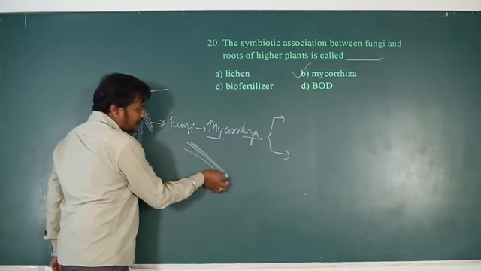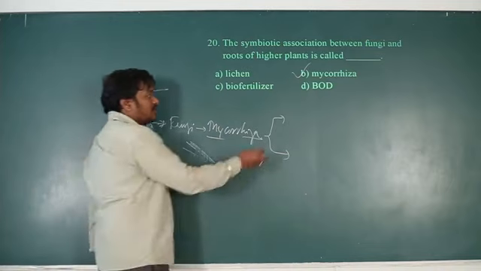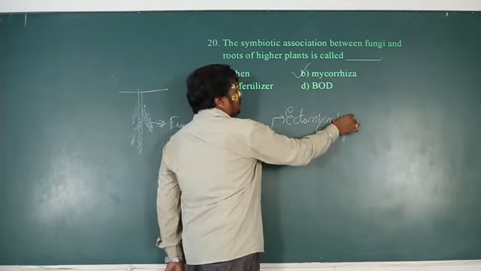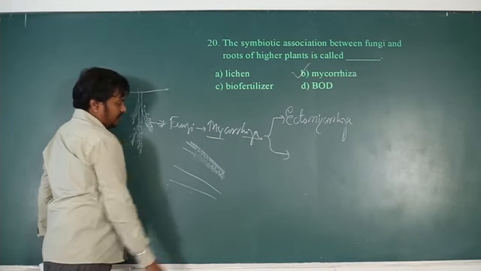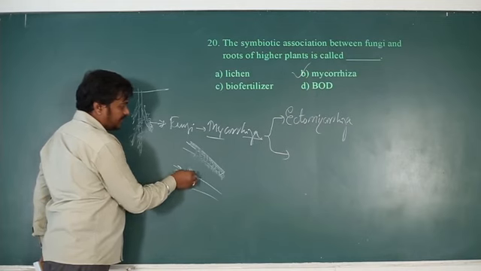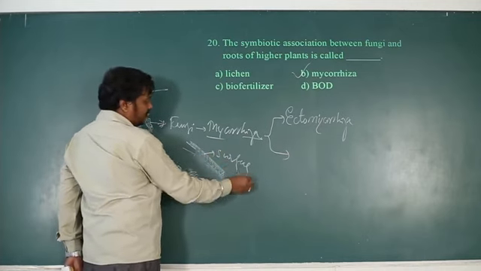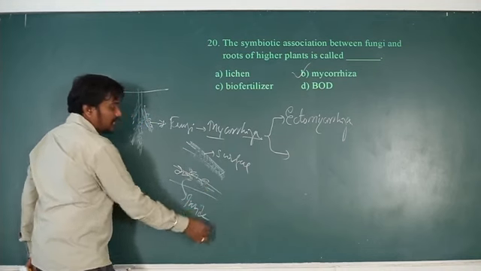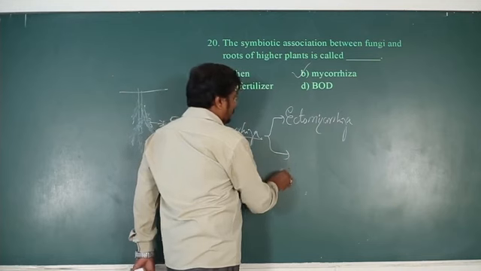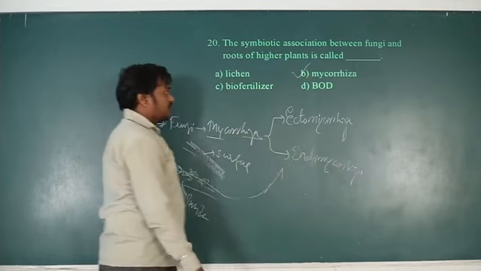The fungi present only on the surface, covering it like this, are one kind of fungi present on the surface, called ectomycorrhiza. And one more kind is there, where the fungi penetrate inside the root also and grow inside. Some are present only on the surface of the root, and in some cases they are present inside the root also, growing in the spaces inside the root cells. Those groups of fungi are called endomycorrhiza. Okay, ectomycorrhiza and endomycorrhiza.